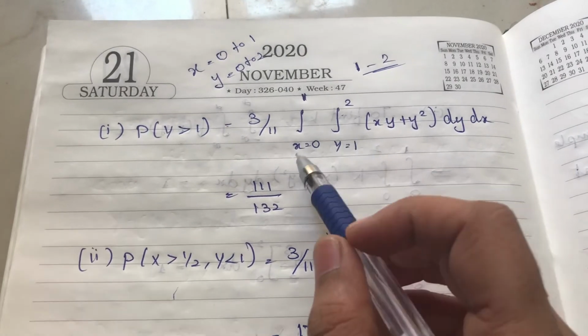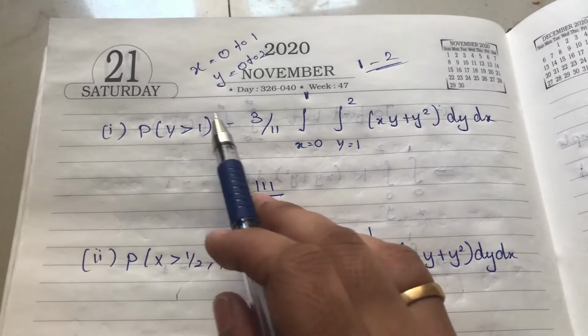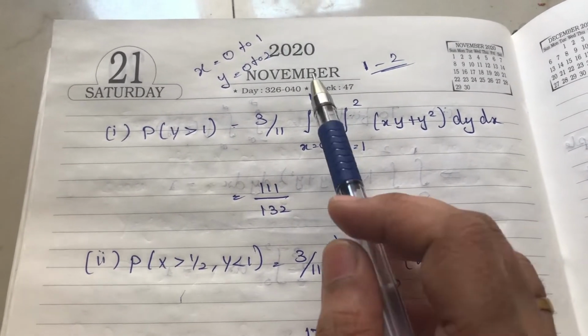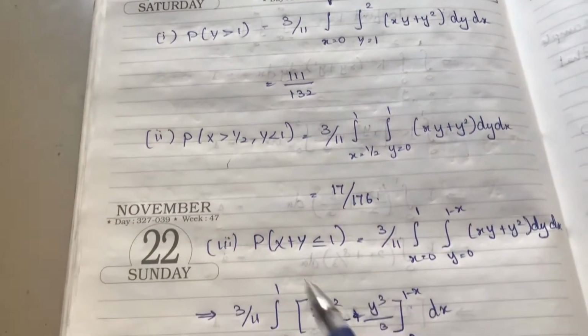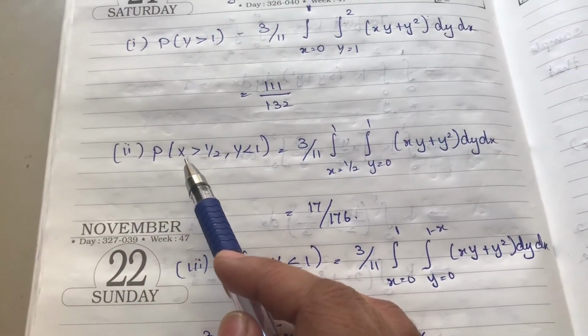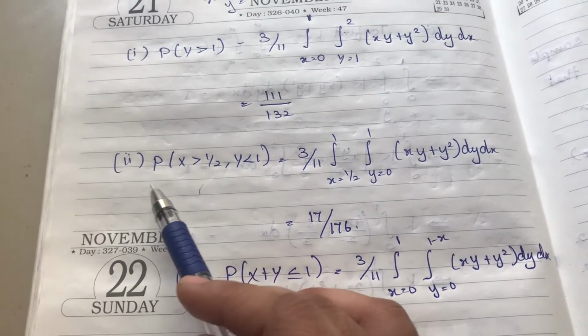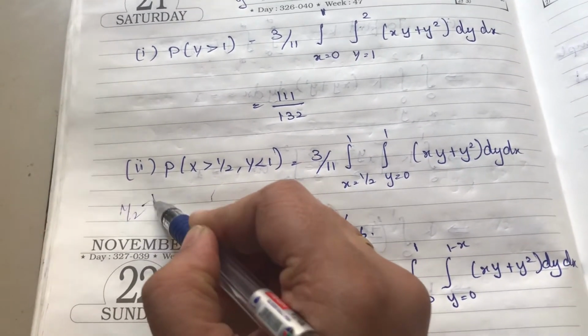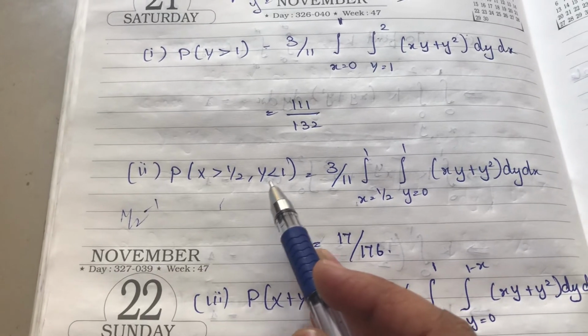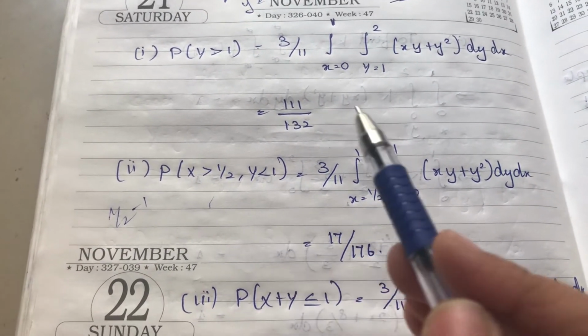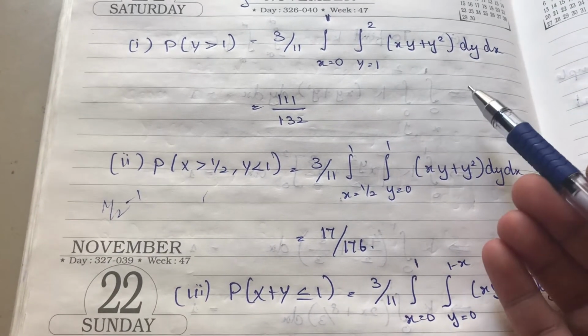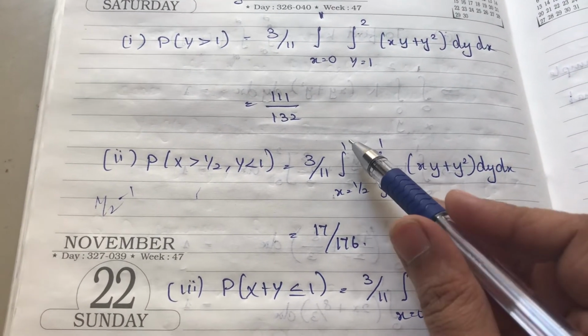But here they didn't give an x condition, so x is the same, 0 to 1, and find the value here. Then x should be greater than half, so I need to take half to 1. Y is less than 1, right? So I need to take y up to 1 only, not beyond the 1. So 0 to 1 for y, and half to 1 for x.